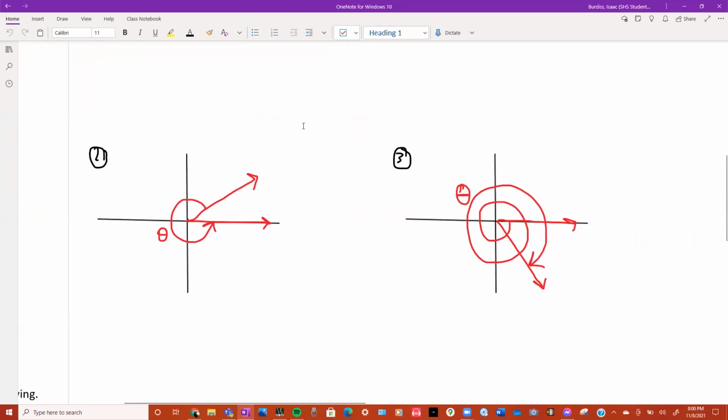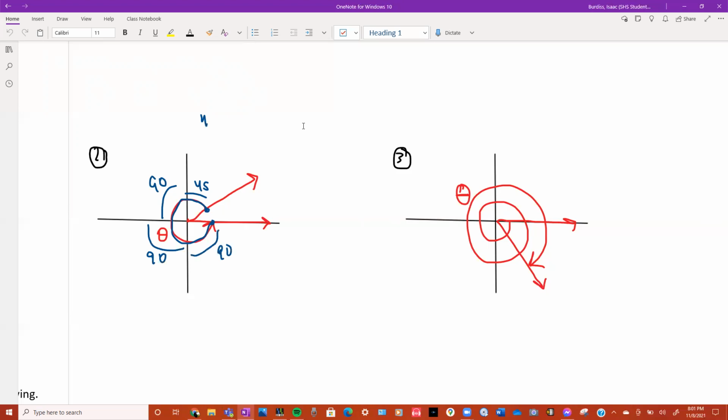Number 2. This time the angle is going, oh wait, it's still going counterclockwise. So we're going to have a positive angle. It starts right here, and it ends right here. So along this path, what angle is it? We can say this part is about halfway, so this is going to be 45, and this whole thing is 90, and this whole thing is 90, and this whole thing is 90.